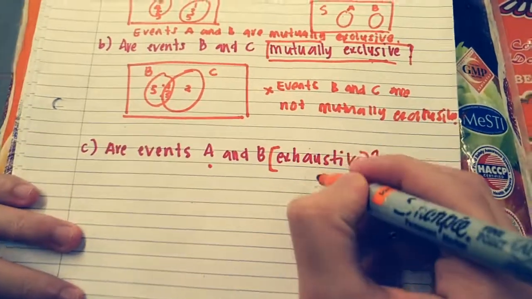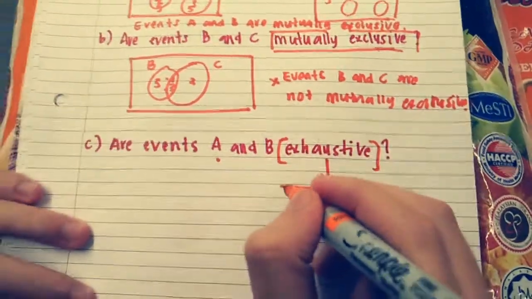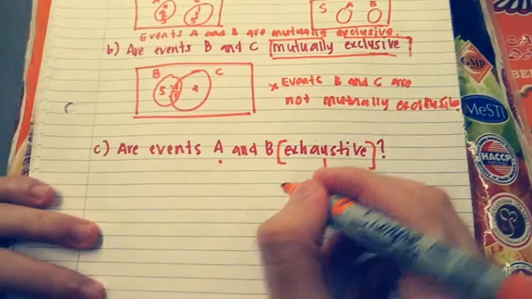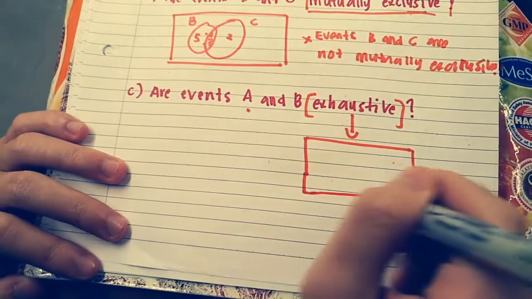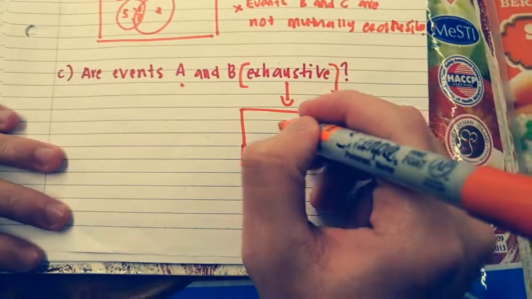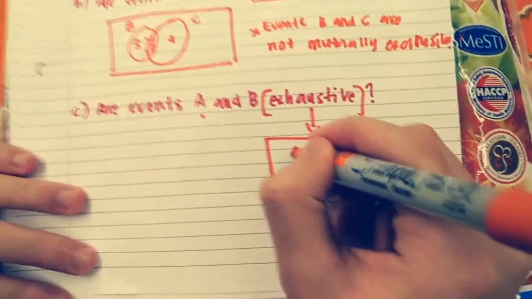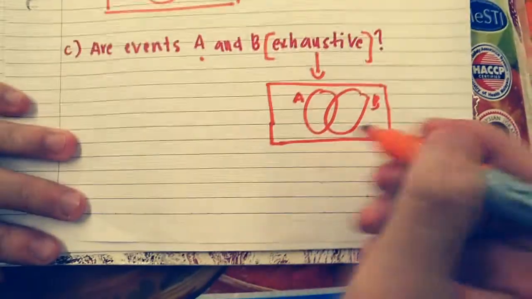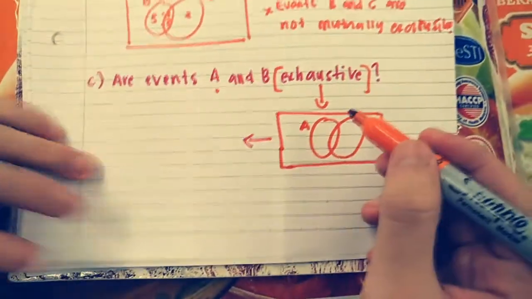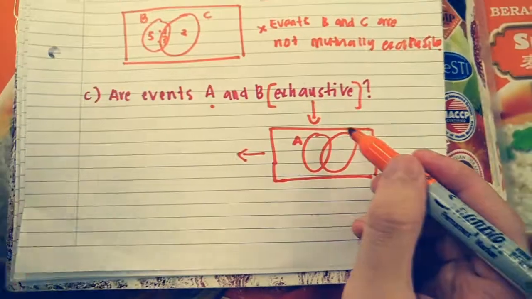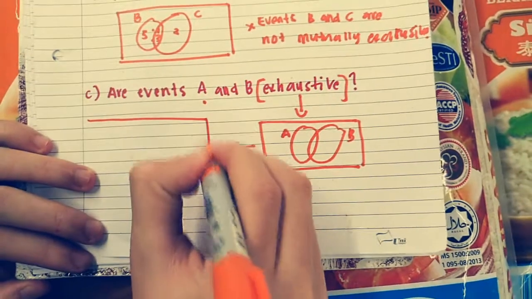It means your Venn diagram will have the intersection like this, A, B. So we need to apply this example to our question. Are events A and B exhaustive? This is our Venn diagram.